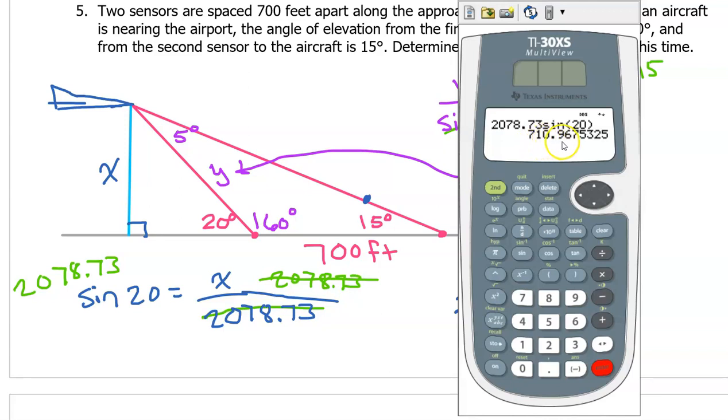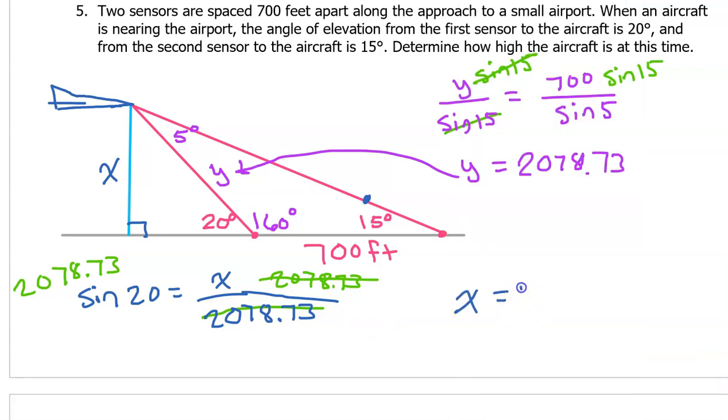I'm getting 710.97. And because this is a word problem, let's be extra careful to use our units. The lengths were in feet, so this height will be in feet. So that's the answer to problem number 5.